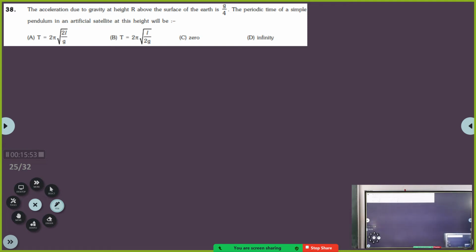The acceleration due to gravity at a height r above the surface is g by 2. Calculate the time period of a simple pendulum. This is a very difficult problem, no? I think I should give you 10 minutes. Is 10 minutes sufficient to solve this problem, or do you need more time?